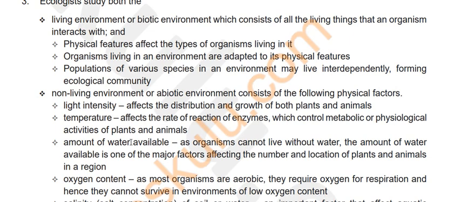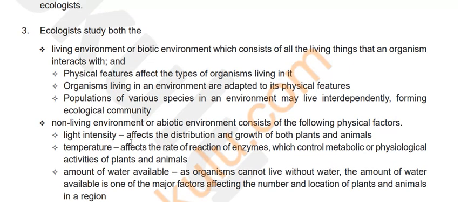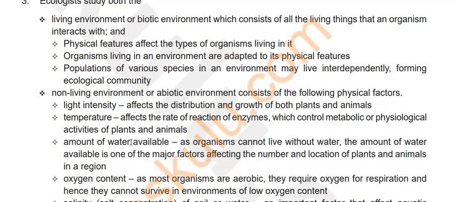Now, non-living things. Ecologists study both the living environment, also known as the biotic environment, and the second point, the non-living or abiotic environment, which consists of the following physical factors.